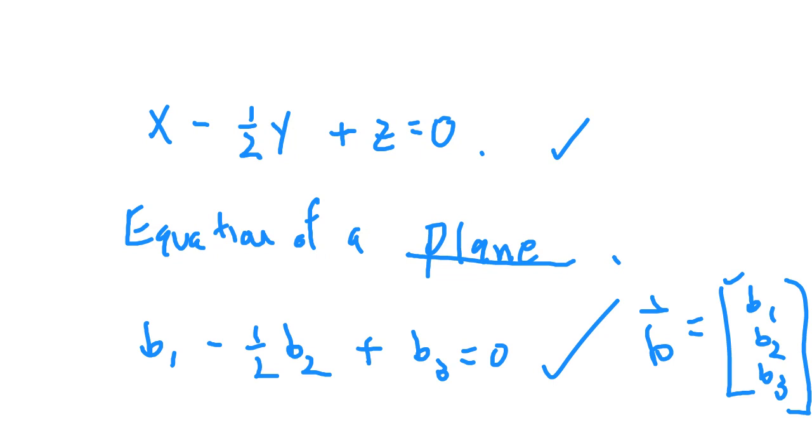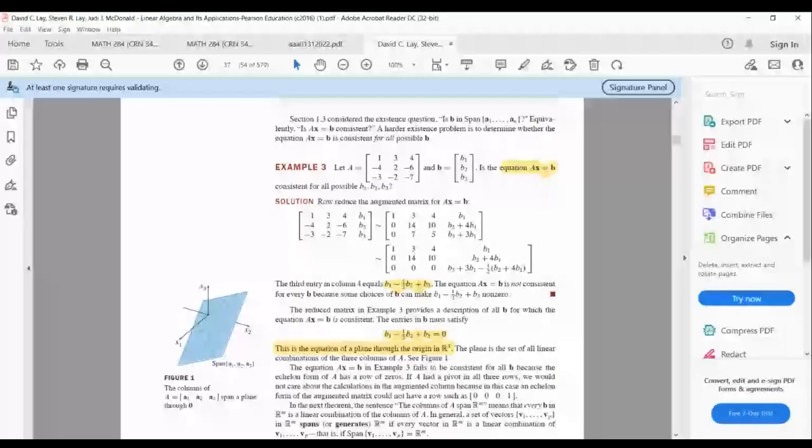And that's what they're drawing in figure 1. And the column vectors of the matrix A, the A1, A2, and A3, don't span all of R3, but they span a plane passing through the origin. That's what I'm trying to get across here for example 3.